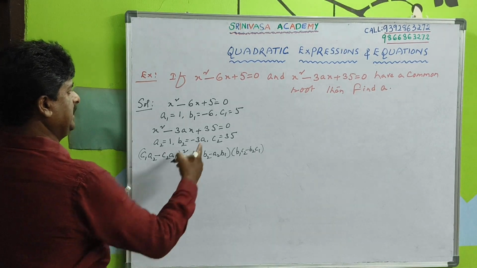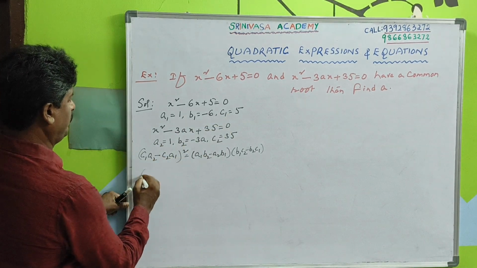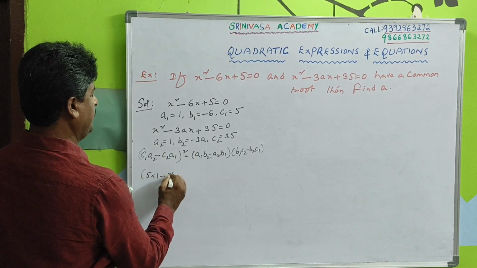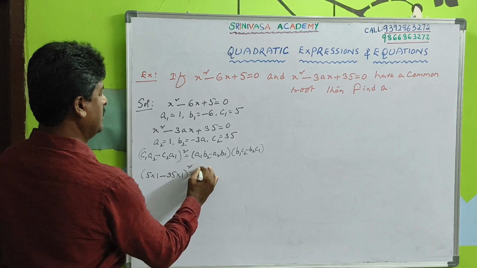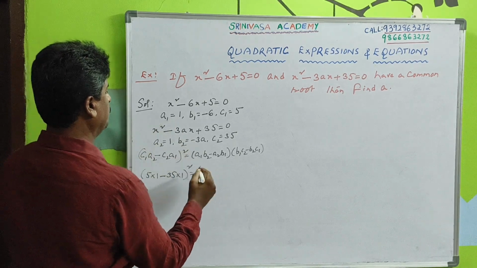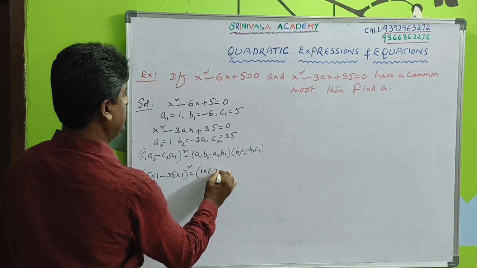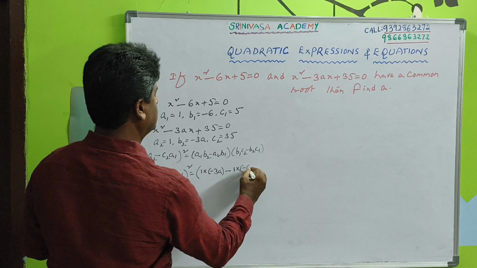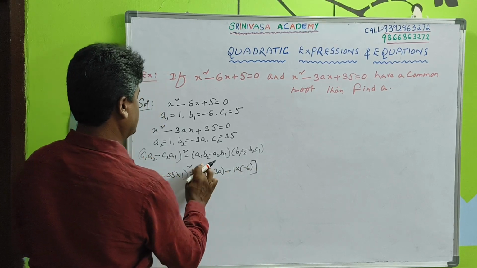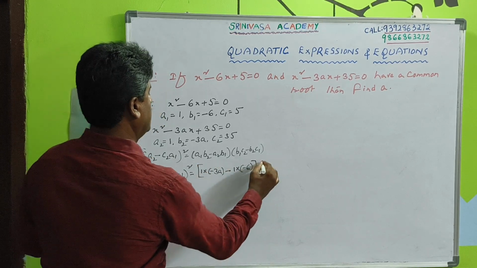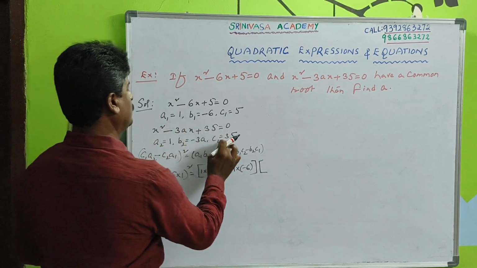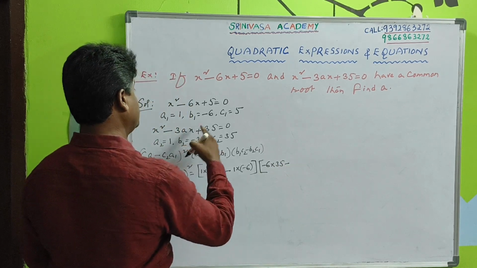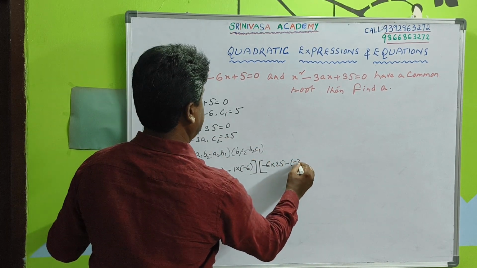Applying this, c1 a2 5 into 1, c2 a1 35 into 1 whole square is equals to a1 b2 1 into minus 3a minus a2 b1 1 into minus 6, next b1 c2 minus 6 into 35 minus b2 c1 minus 3a into 5.